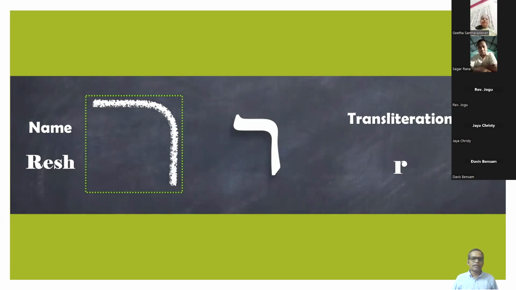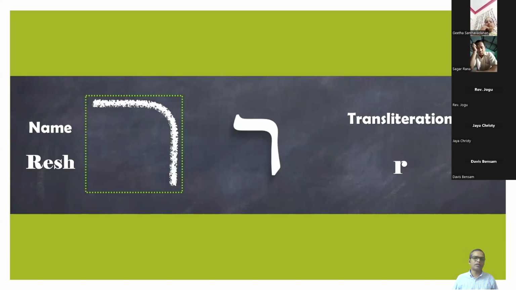Right. So the next letter after Kof is Resh. Okay. So how is Resh written down? It resembles Bet, Kaf, and Pe, I mean half of the form.